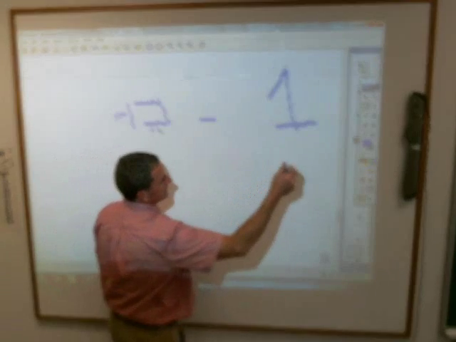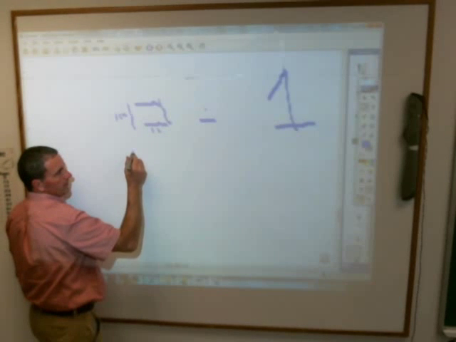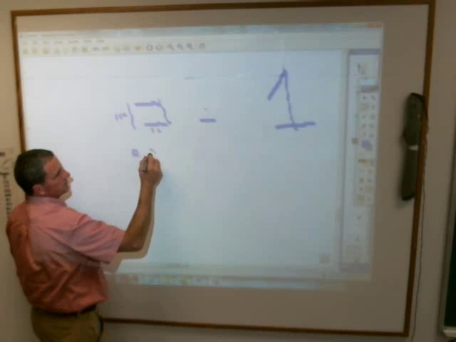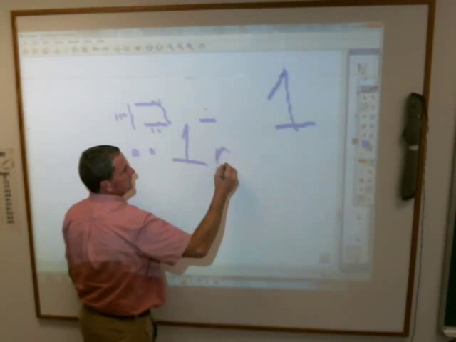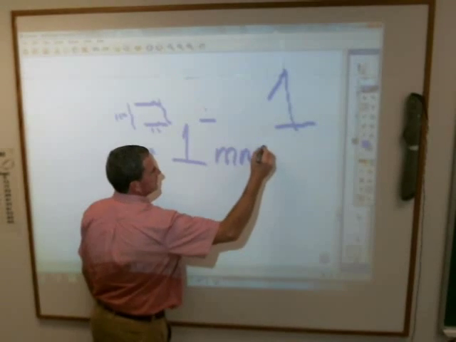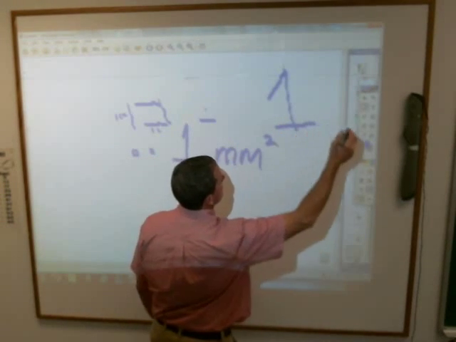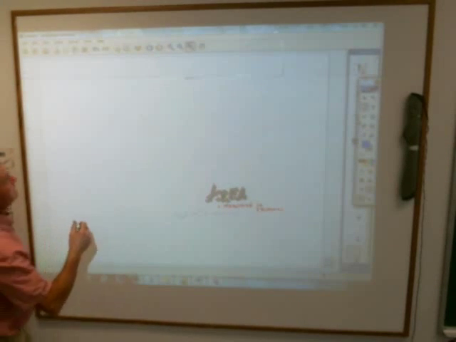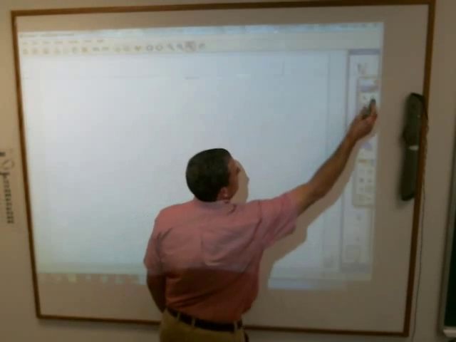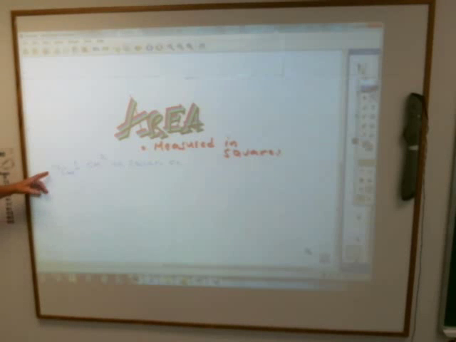There's 100 of them in there, so I have to make this pretty small. 1 millimeter squared. Yes, I made an error already. There it is, your millimeter squared, which you can't see.